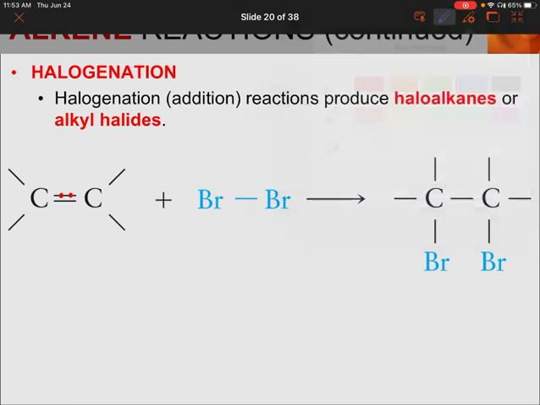We're also going to break this bond between the 2 bromine atoms, and then we're going to form 2 new bonds. One carbon gets 1 bromine, the other carbon gets the other bromine. Again, those bromine atoms are going to add to separate carbons. They're not going to add to the same one.